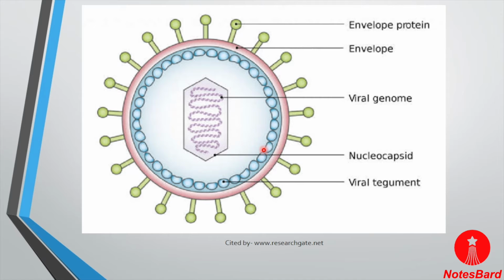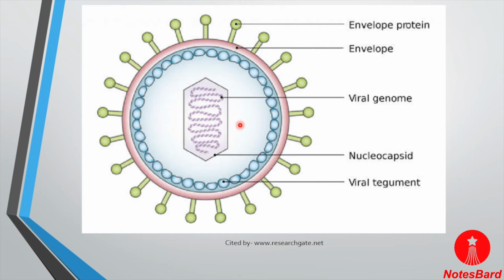Let's understand the structure of the virus with the help of this diagram. This is the diagrammatic presentation of the structure of Epstein Barr virus. In the core of this structure we can see the genetic material, indicated as the viral genome, which is made up of a double helical DNA molecule in the case of Epstein Barr virus.